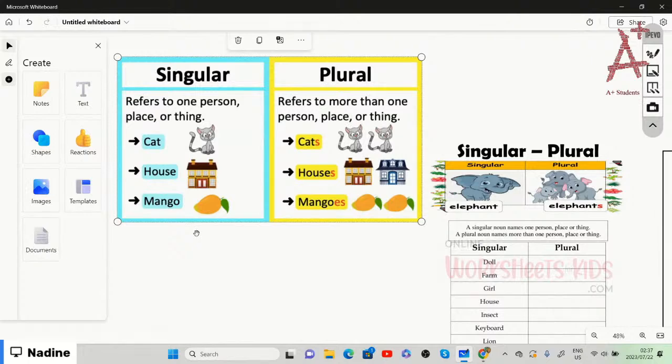And remember with mango, we said that if a word ends in O, then we need to add the ES. So one mango, more than one, mangoes. Once we add the ES to the word, it changes from a singular word to a plural word. So mango, and we added an ES to show mangoes.